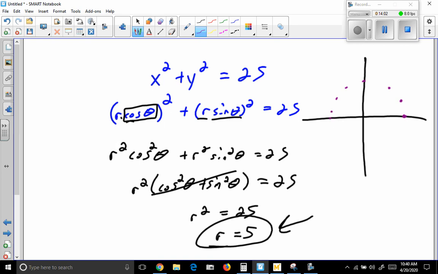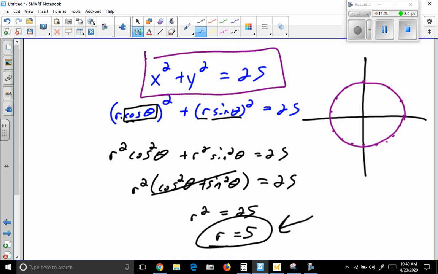And what do we call a shape where every point is the same distance from the center? That's a circle. Mine looks more like an ellipse, but that's the equation of a circle.